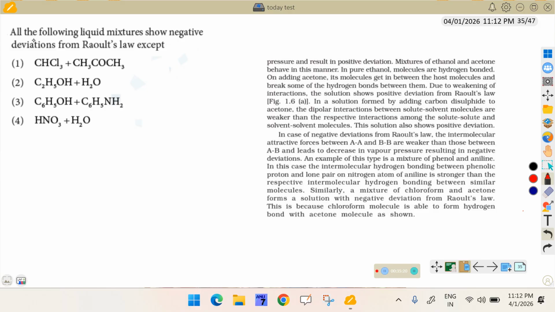All the following liquid mixtures show negative deviation from Raoult's law except ethyl alcohol plus water, because in pure ethanol strong hydrogen bonding is present.